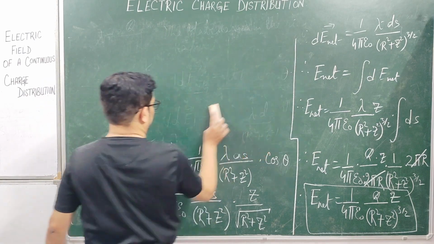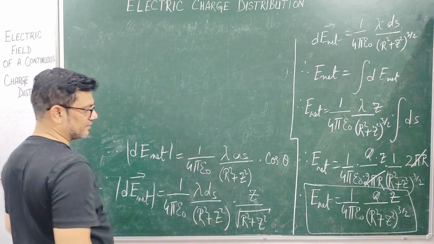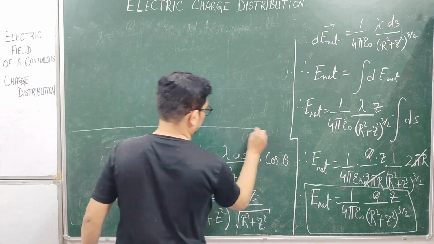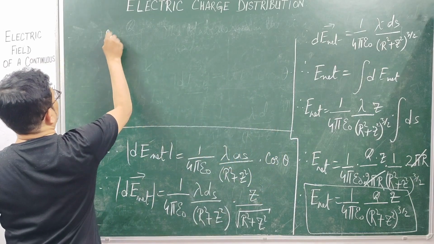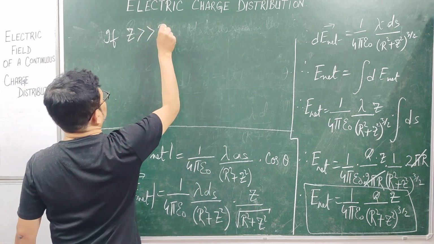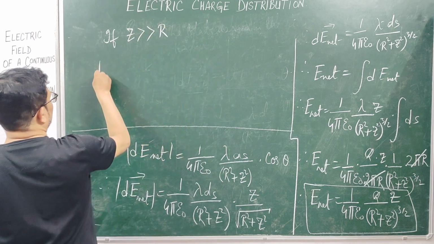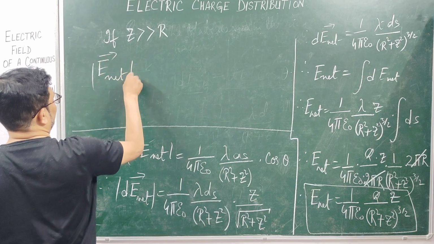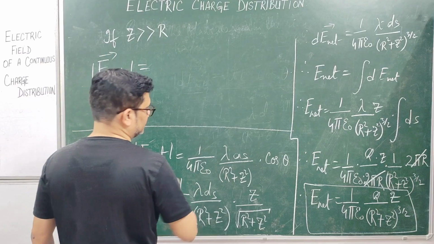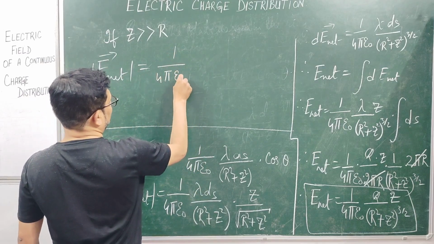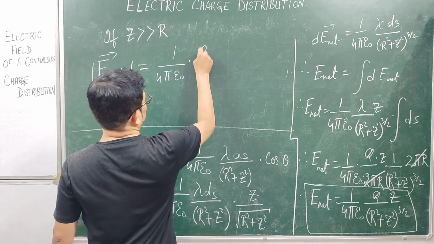We'll come up with a different value then, right? So let me just rub this portion here to approximate this to a situation where z is very much greater than r. So if z is very much larger than r, then our E net value, which is the magnitude of this, is going to be equal to 1 over 4 pi epsilon naught times q.